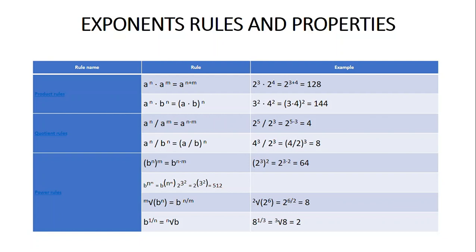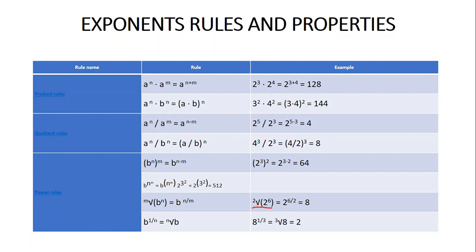Case number 3, we have a root with index m. Then when we have a number that is affected by a root and by an exponent at the same time, that is going to be a fraction exponent. The exponent is going to be at the top and the index of the root is going to be at the bottom. Let's check the example.